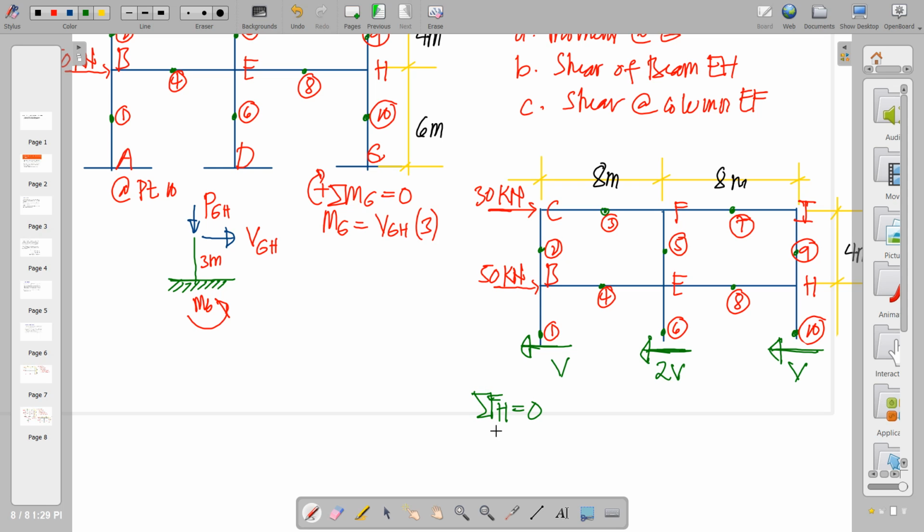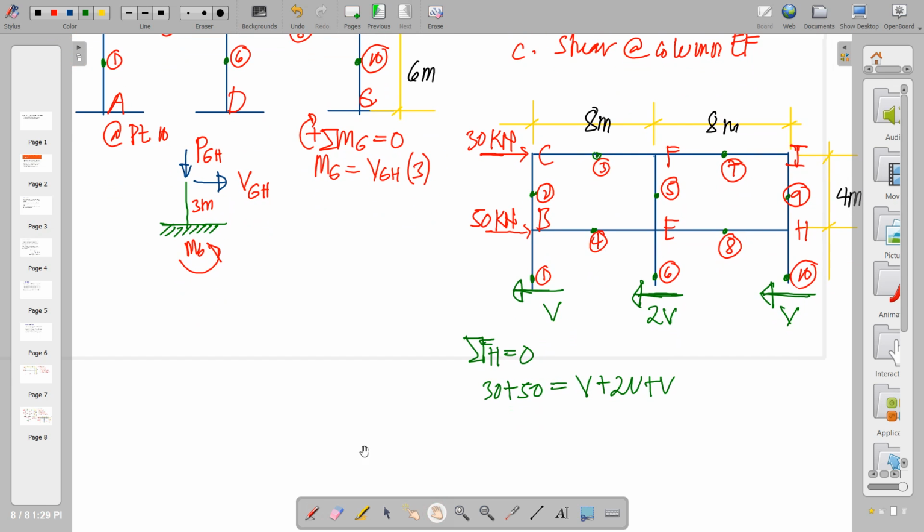We have 30 plus 50, which shall be equal to V plus 2V plus V. Okay, so we have 80 equals 4V, or the shear will be equal to 80 over 4, that is 20.